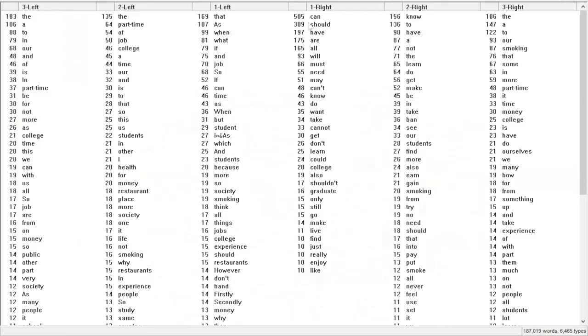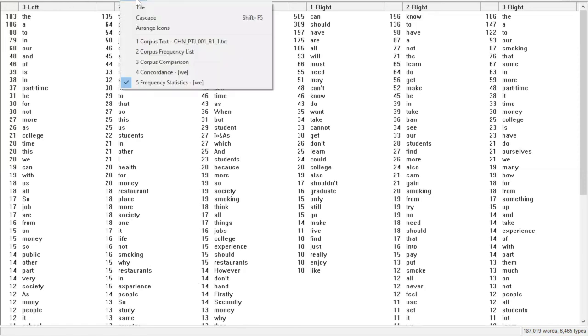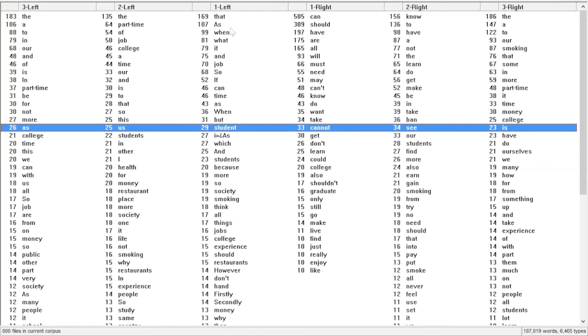We can, we should, and "as we", which I think might be "as we know", or something like that. So "can" and "should". "We can" is quite common.